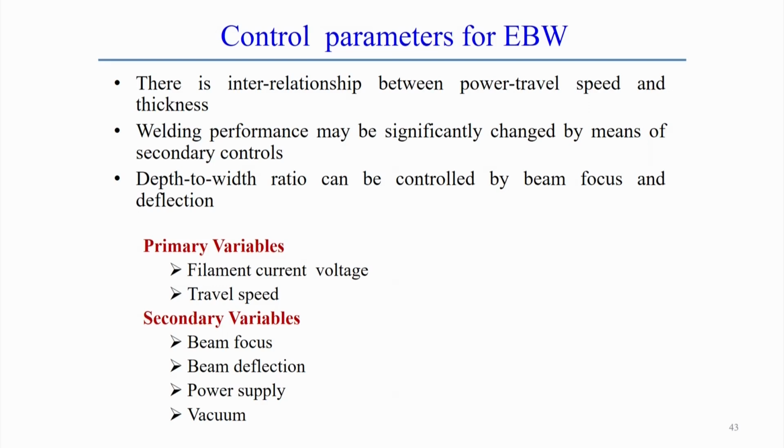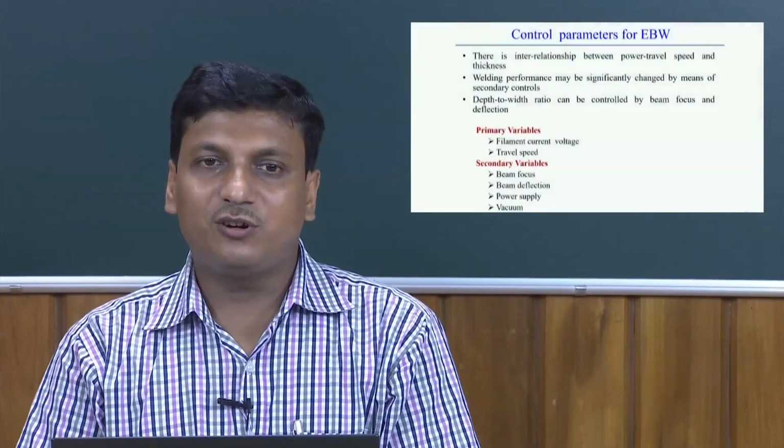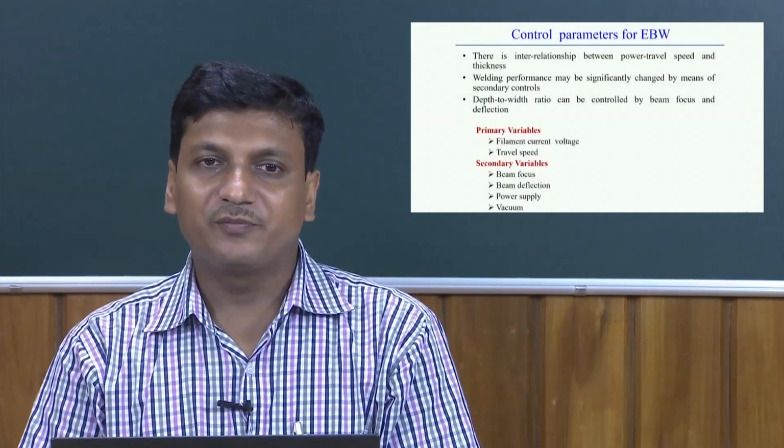The primary variables are the filament current, voltage and the travel speed. The secondary variables are the beam focus, deflection of the beam, power supply, and of course the vacuum chamber, that is, up to what extent we can create the vacuum.